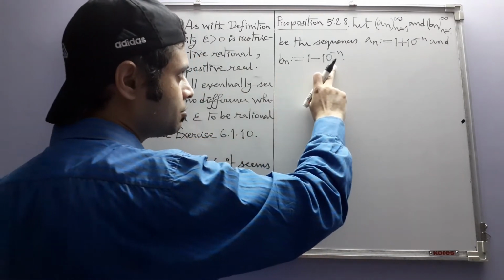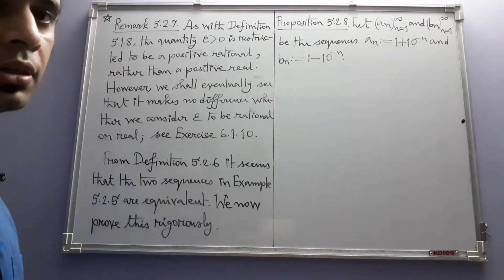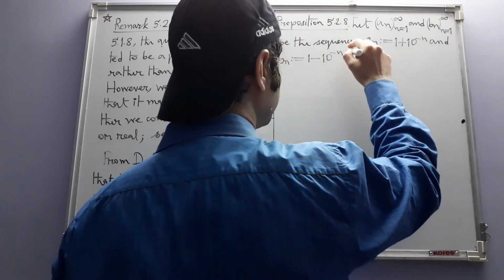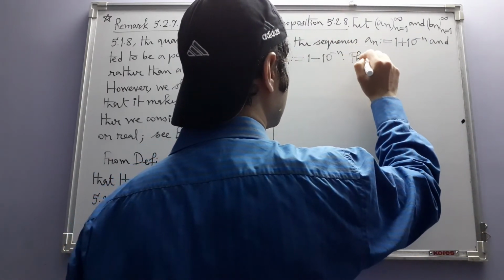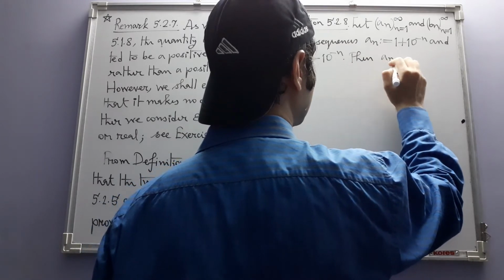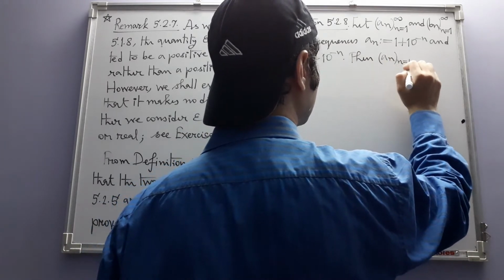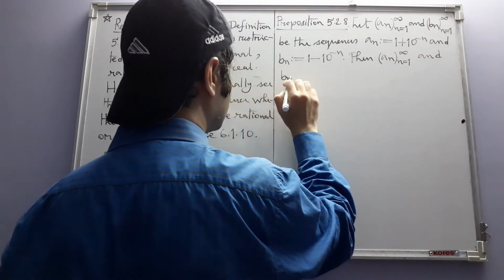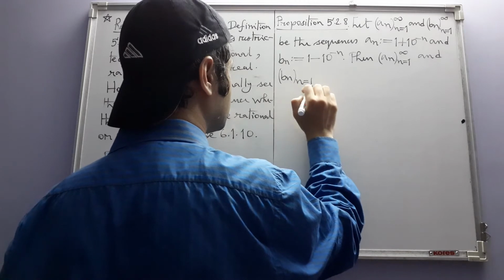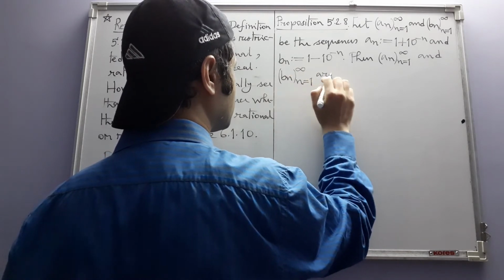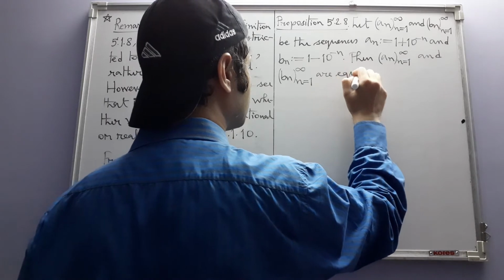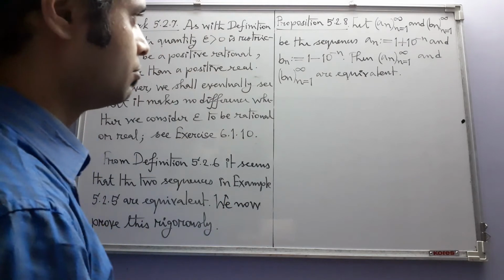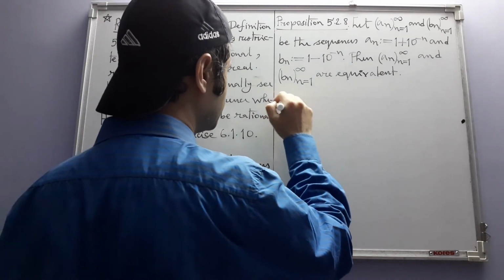If you put n equal to 1 here, you will get 0.9, like that. Then an and bn are equivalent.